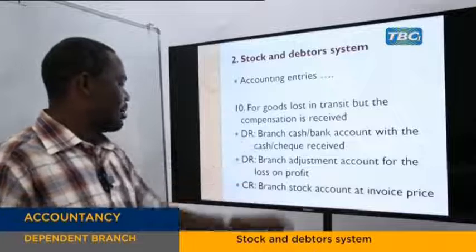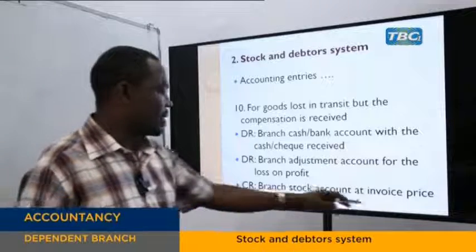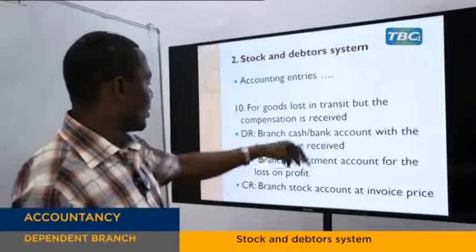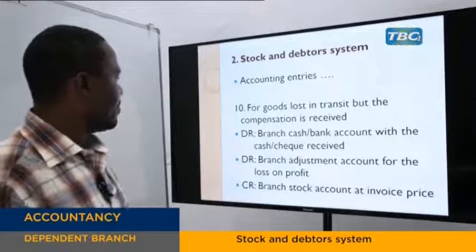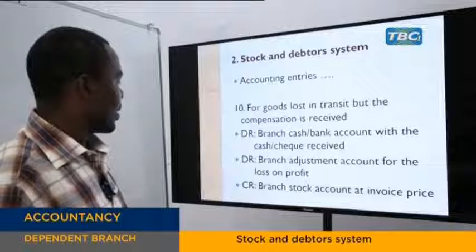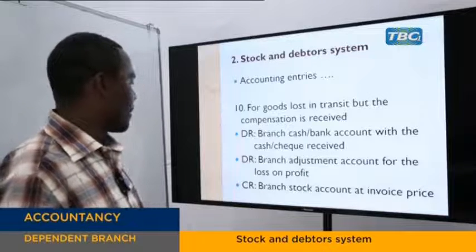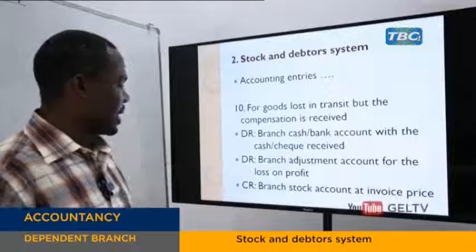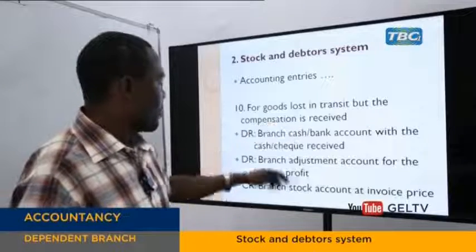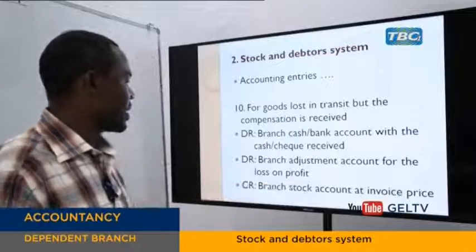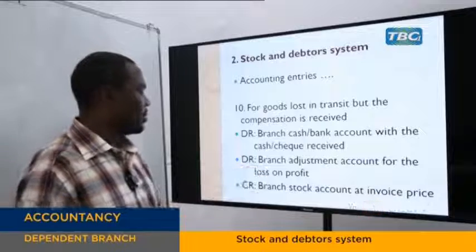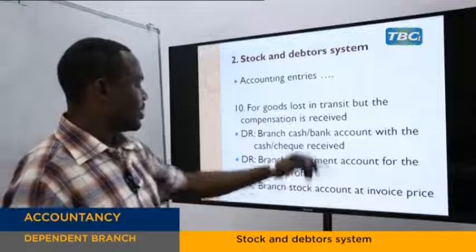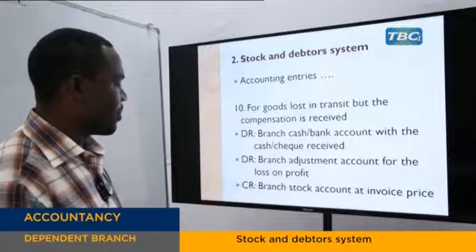Automatically, the double entry will be to the branch stock account for the same amount, of course, for the invoice or for the goods lost or for the loss suffered. So we debit the amount compensated, and we debit again the difference of compensation and the actual loss. So the difference will be to branch adjustment, and this will be reducing our profit.